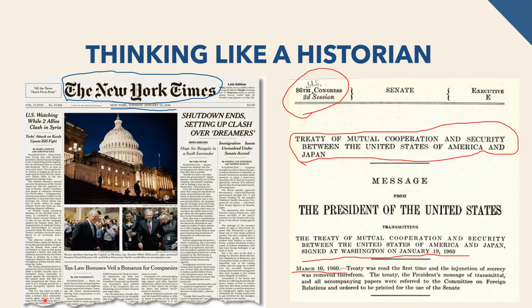Let us now take a brief look at two types of historical documents. This is a newspaper article and this is a government paper. Who wrote this article? Based on what I'm seeing here, it was the New York Times. And the New York Times is considered a credible source.